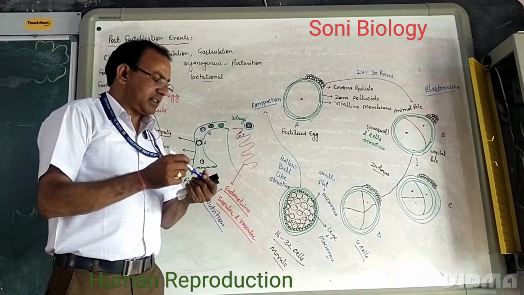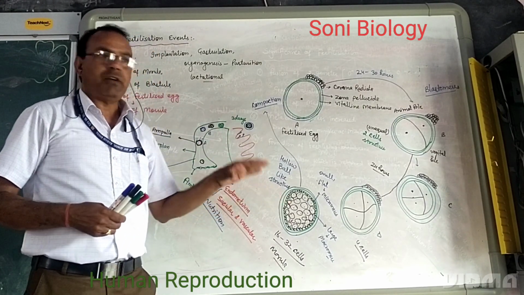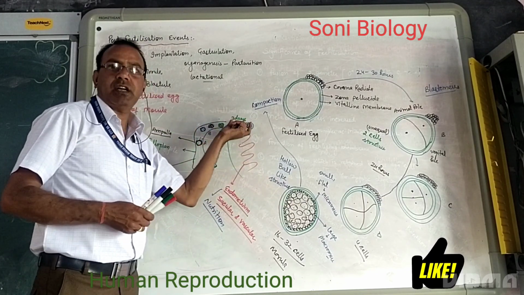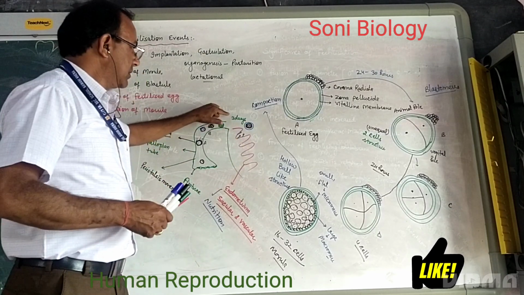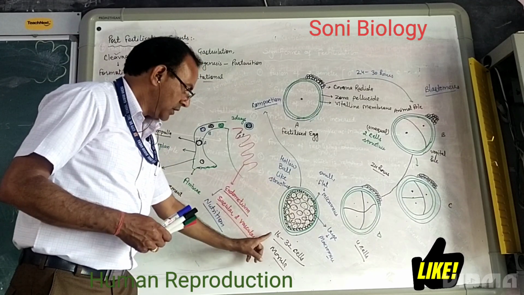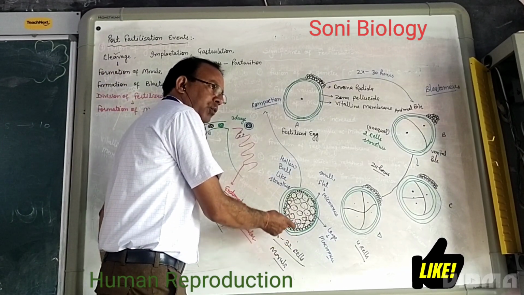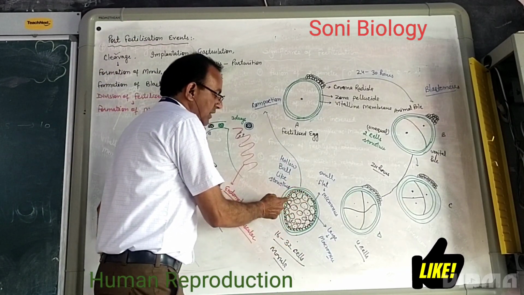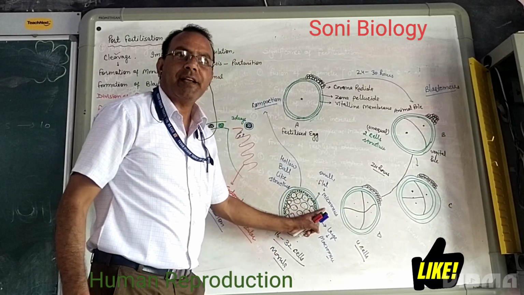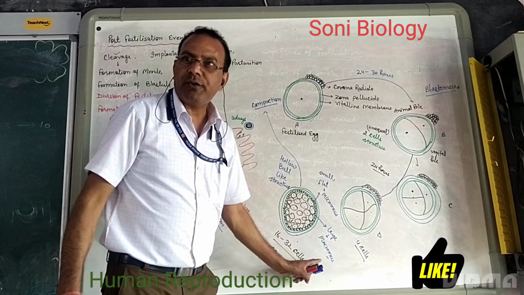Clear? In this part we have discussed the morula, how the morula forms, and after how many days the fertilized egg passes out of the fallopian tube and reaches the uterus. That is the 3rd day. The morula is a hollow ball-like structure which contains 16 to 32 cells. The cells closer to the vitelline membrane are flat and small; those are called micromeres. The cells which remain inside are large and called macromeres.